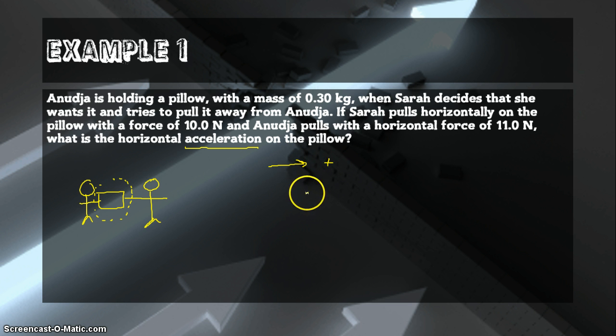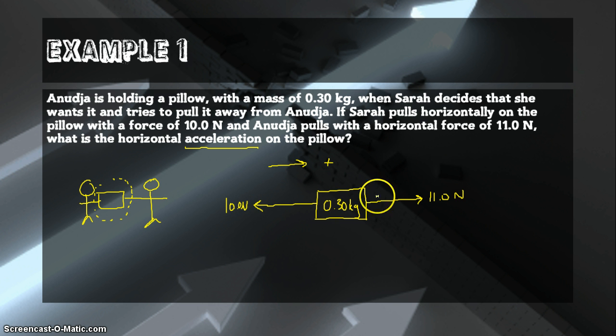The pillow has a mass of 0.30 kilograms, and the only contact forces are going to be the pull from the left and the pull from the right. So we can say in one direction we have 11.0 newtons, the other direction we have 10.0 newtons. Since the right arrow should be a little bit bigger than the left, the acceleration is going to be to the right.